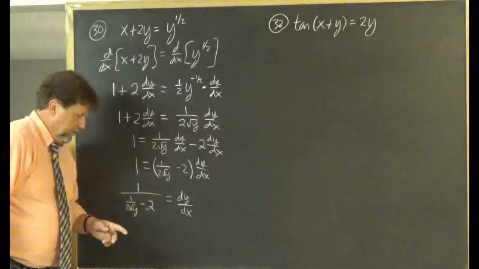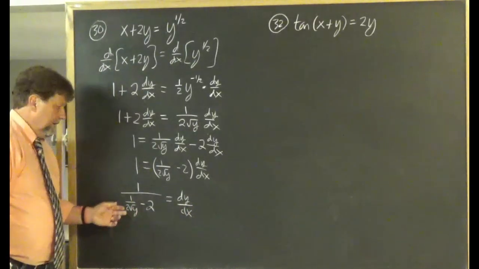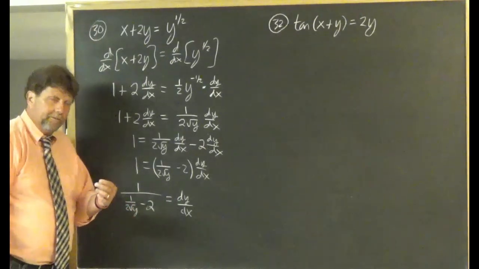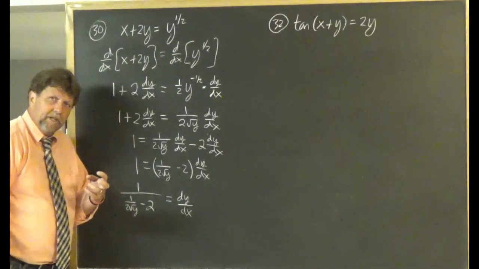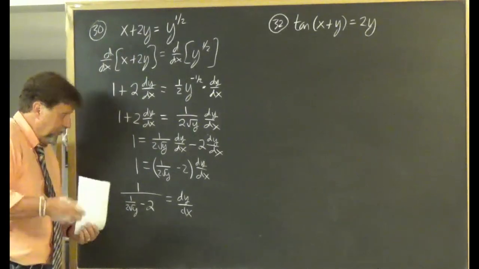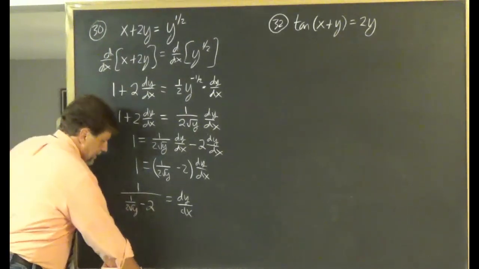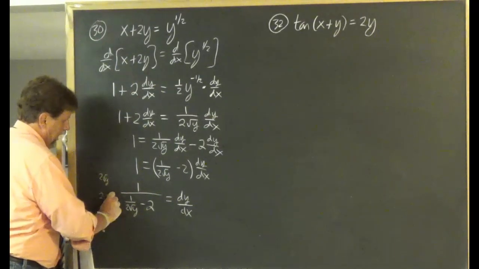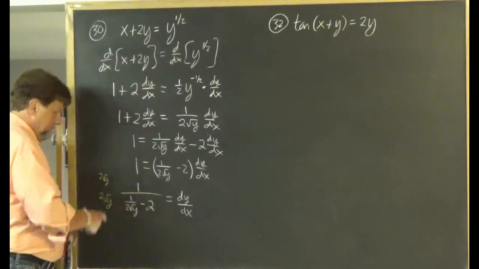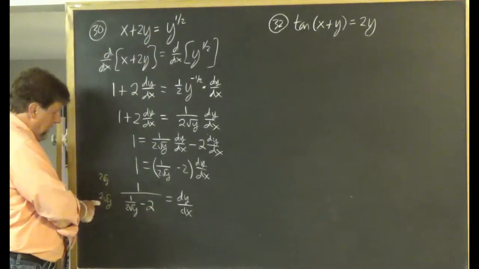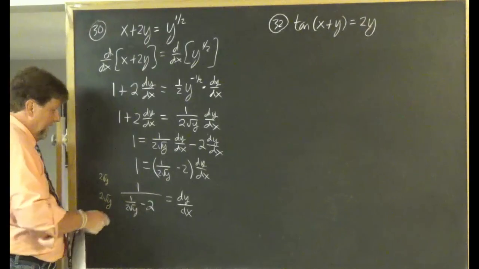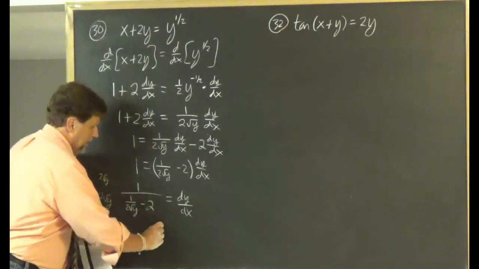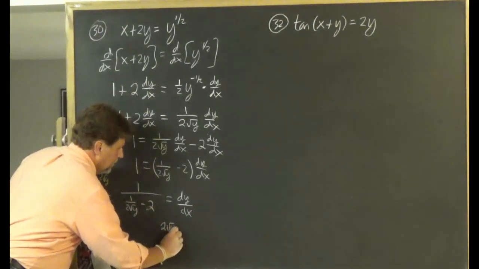There's no way the back of the book would have an answer like this, because down here you have a fraction. So here's what I would do, just to get rid of this complex looking fraction. I would multiply the numerator and the denominator by 2 square root y over 2 square root y. Then 2 square root y times 1 is 2 square root y.